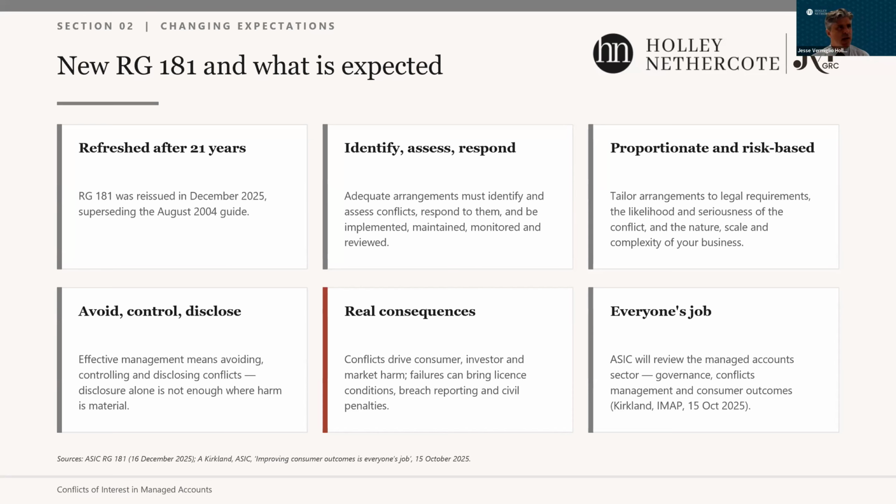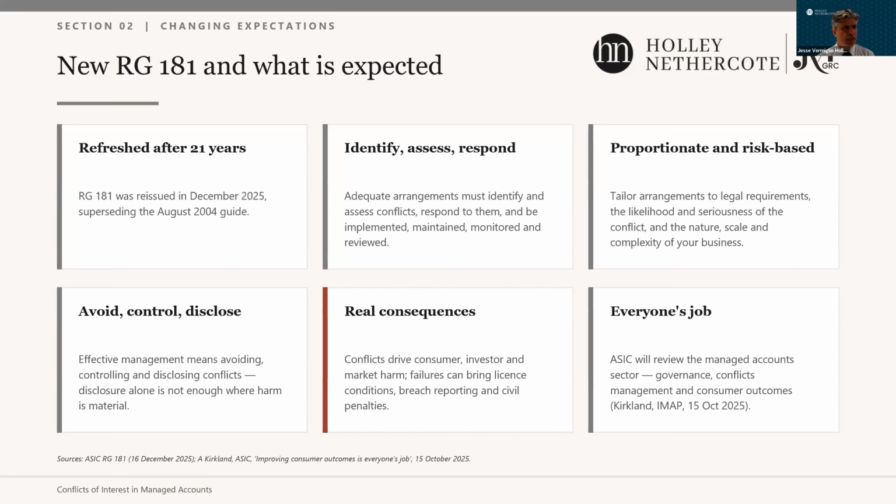What is probably some of the key differences around the expectations within the current version of RG 181 compared to the previous version is this notion of proportionate and risk-based, that they be tailored to really the seriousness of the harm that the conflict could cause, and is aligned to the nature, scale, and complexity of the business, which is a common theme in terms of compliance arrangements. So proportionate and risk-based is something that the RG goes at length to identify.